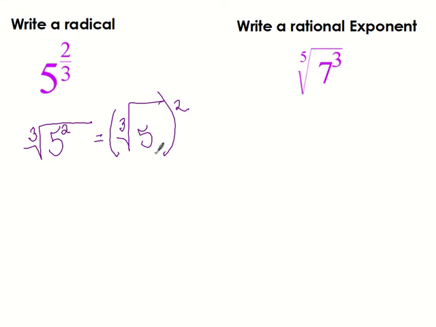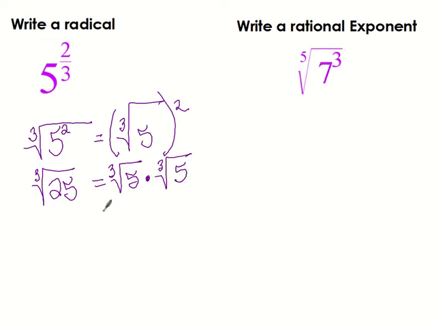The other way to clean this up is to actually square these. So we would do this is called a cube root because it's a 3 cube root, and then we would write 25 because 5 squared is 25. This will actually come out the same thing because we'll have cube root of 5 times the cube root of 5.